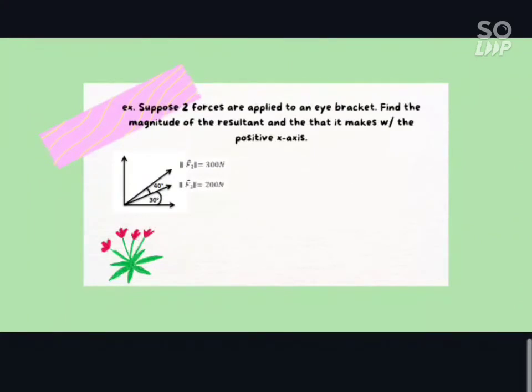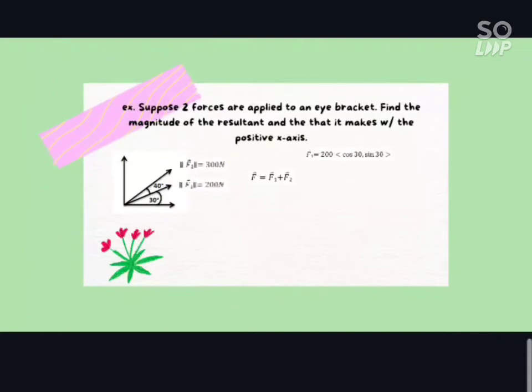First thing we need is to write the two forces in a more helpful form, like bracket notation. For F1, the first force, we know that the magnitude is 200 and we have an angle of 30, so we can write it in terms of its magnitude and its direction.